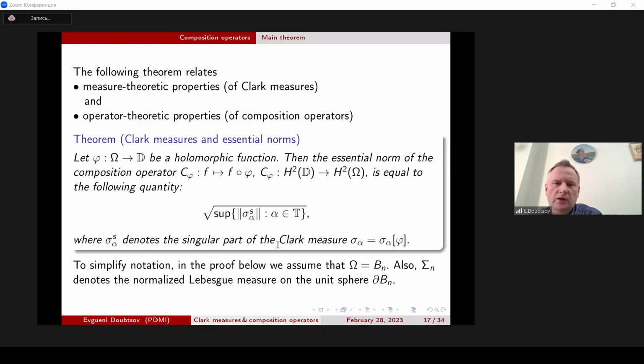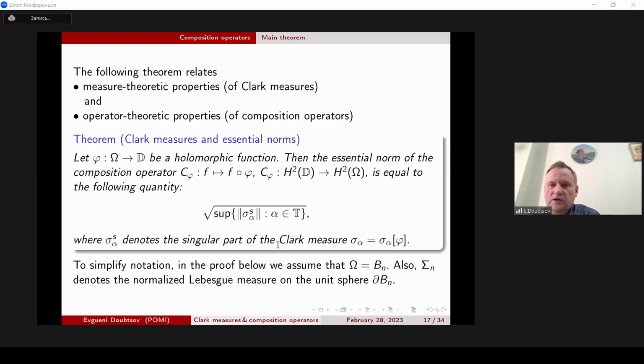But the main theorem here is that the parameter p is equal to 2, and we consider composition operators from H2 on the disk to H2 on omega. So once phi maps omega to the disk, the composition operator acts in reverse, from H2 on the disk to H2 on omega.